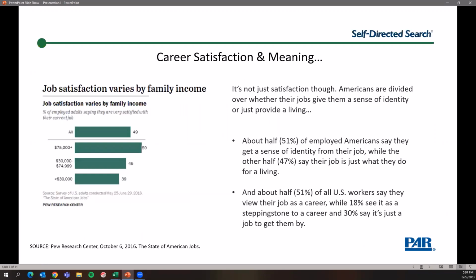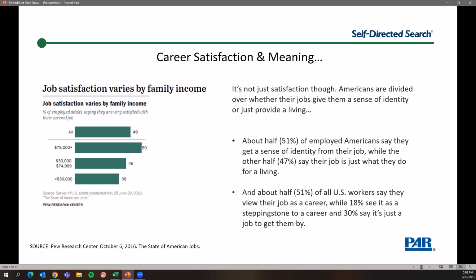A couple of things to fly through here. Not shockingly, people who make more money report they have a higher job satisfaction. Doesn't mean it's the end all be all. Clearly, we all know plenty of people who are rich and miserable, and people who are poor and happy. But overall, when you look at the standard deviations and such, more income does tend to equate with more job satisfaction.